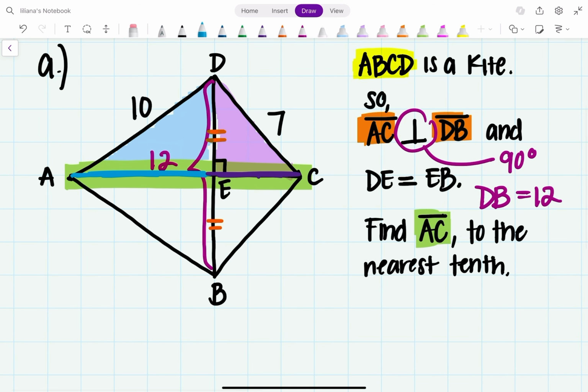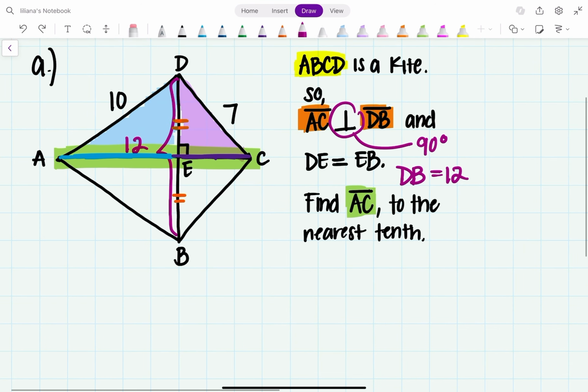Before I move on, they did mention that DE and EB are equal to each other. So if this whole segment is 12, then I know that each of them is going to be 6. I'm going to do it on the bottom and draw both triangles.